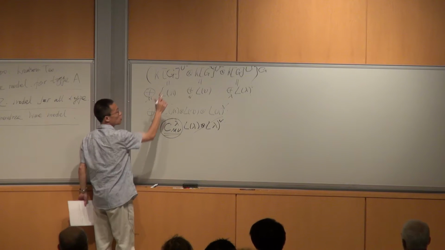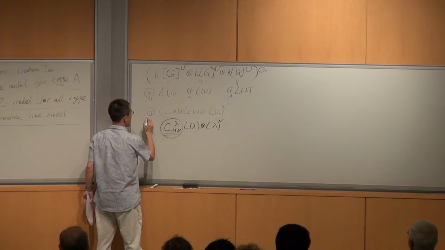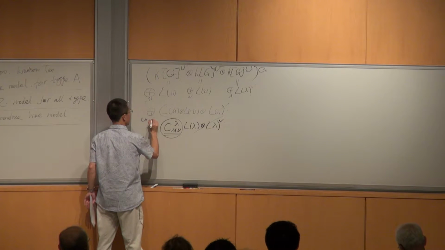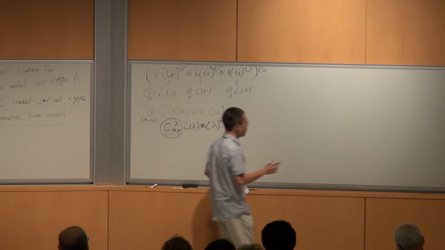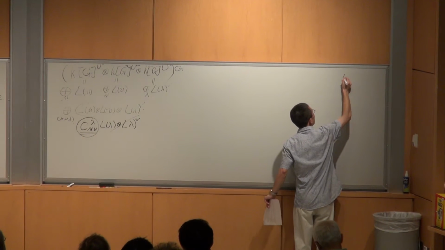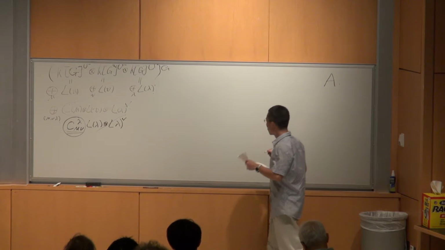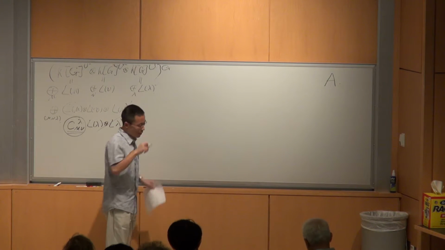And of course, this algebra is graded by triples of dominant weights. So let's denote this ring by A. Let me show you the big picture.